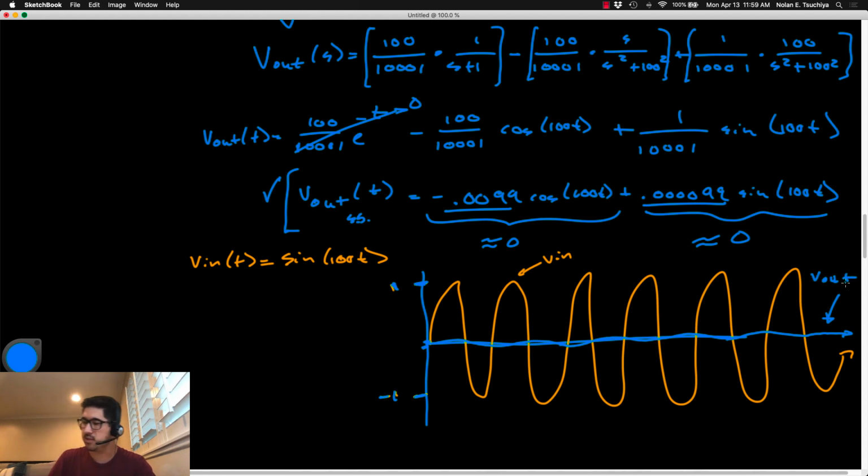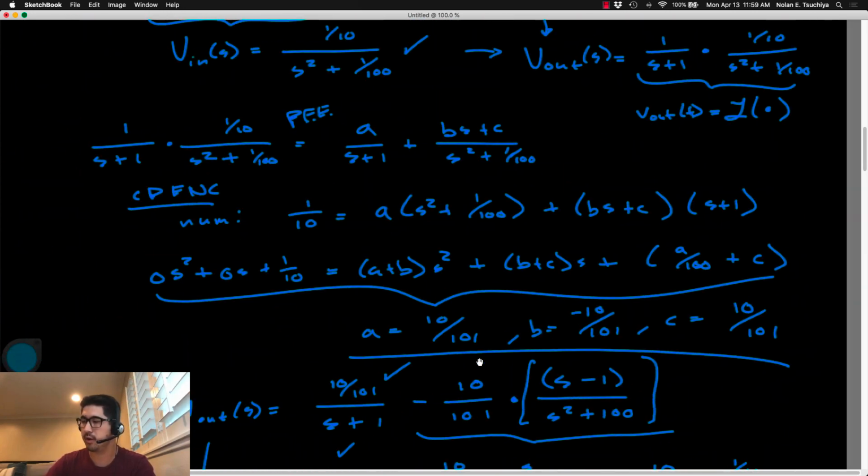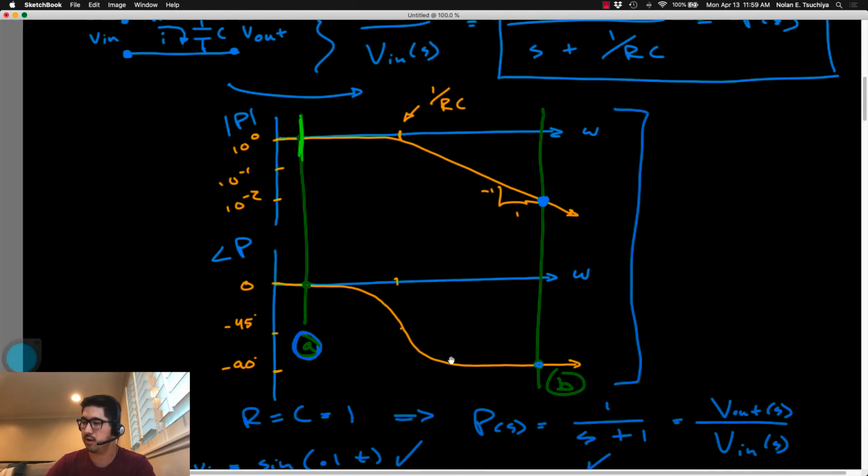Okay, and this goes to validate the concept of the low pass filter, which is, again, the filter allows low frequency sinusoids to pass through, but it severely attenuates higher frequencies. And higher is a relative term. That just has to do with where the cutoff frequency is for that particular filter.